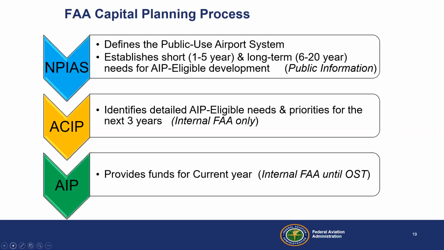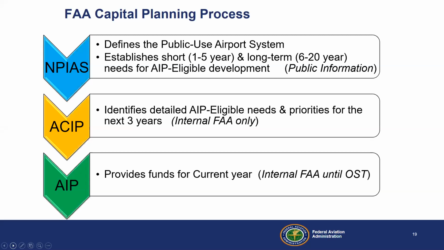Then, once you are in the National Plan of Integrated Airport Systems, you need to develop both a CIP and an ACIP. The ACIP is what we use internally to develop the 3-year plan. In the state of Minnesota, I think you are focused on a short-term and long-term plan. Minnesota asks for a 20-year plan for their planning purposes.